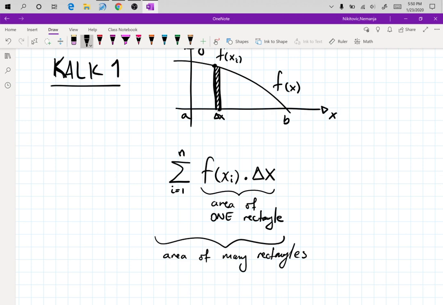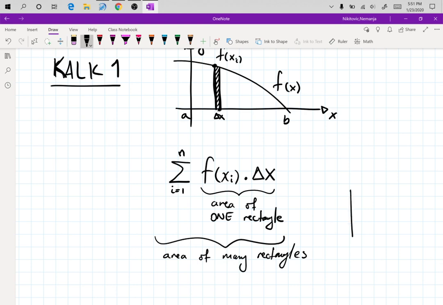Now, to get the exact area under the curve, we need to use infinitely many rectangles. Because when you use infinitely many rectangles, the delta x shrinks to 0, and there is no more width for the rectangle, which eliminates the error. Let me draw a larger picture here.